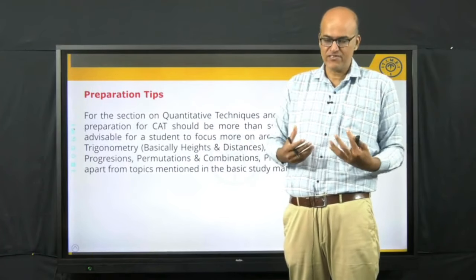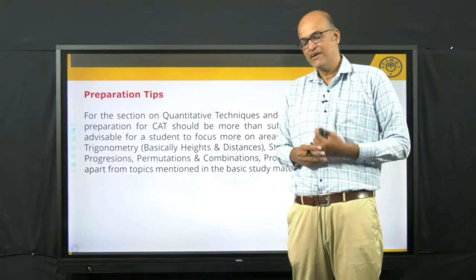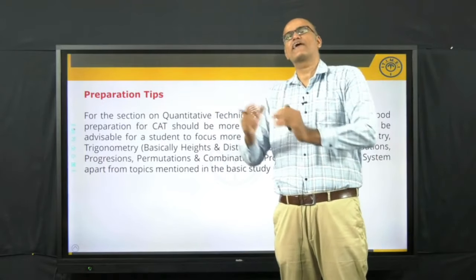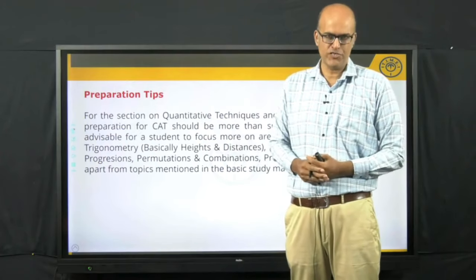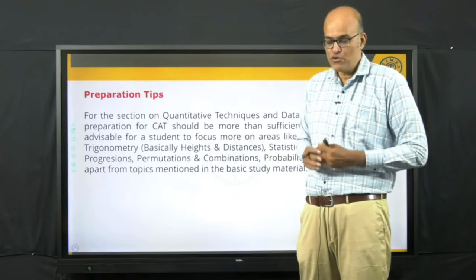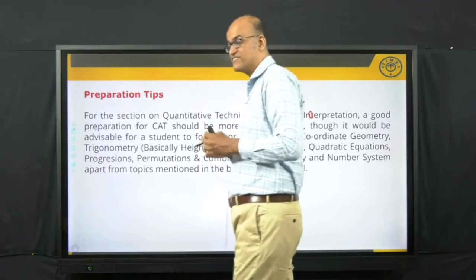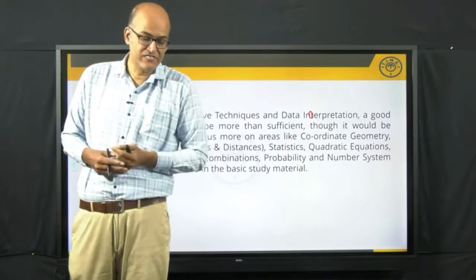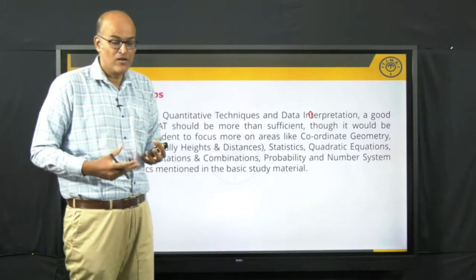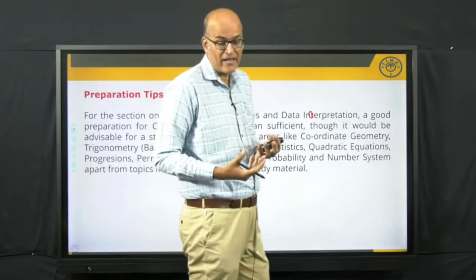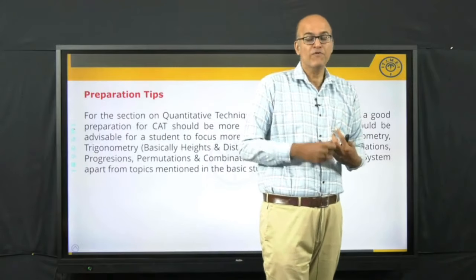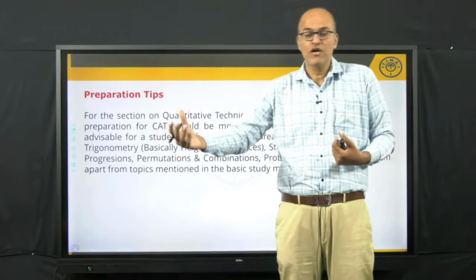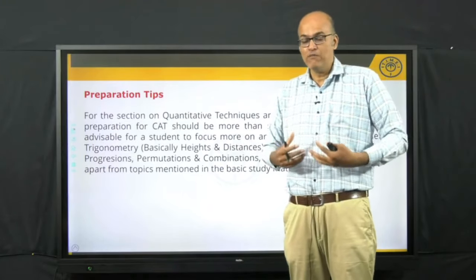Coming to mathematics and data interpretation. Here, I would say more or less your CAT preparation is more than sufficient. But having said that, you have to focus on certain chapters. Chapters like trigonometry, basically heights and distances, statistics, coordinate geometry, quadratic equations, progressions, permutations and combinations, probability and number systems.